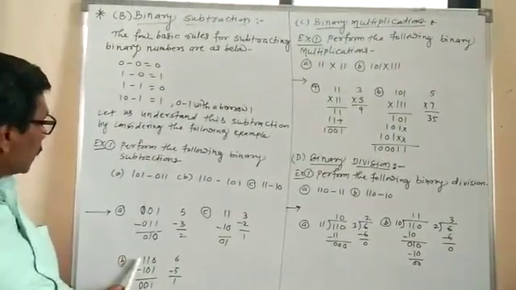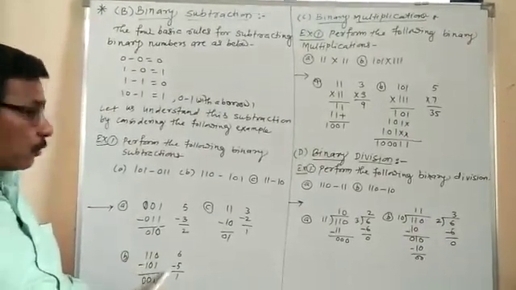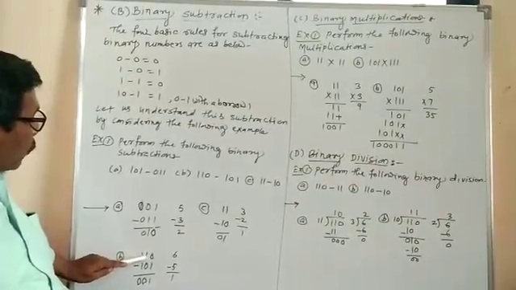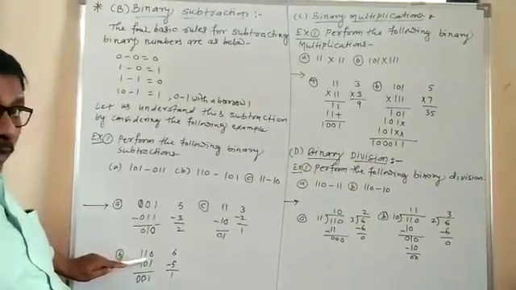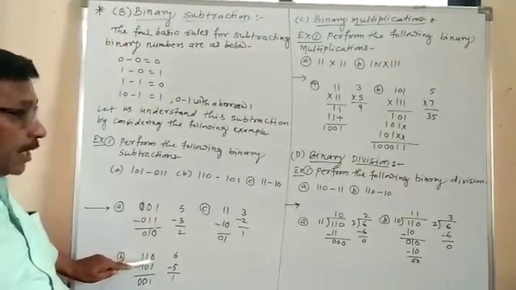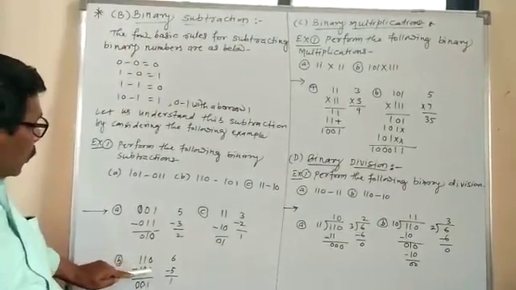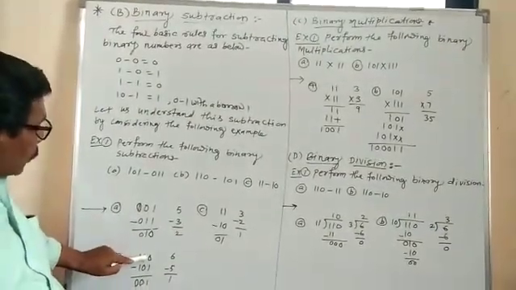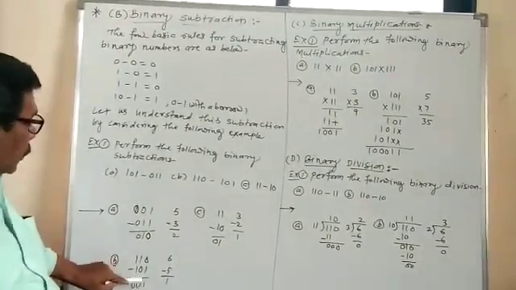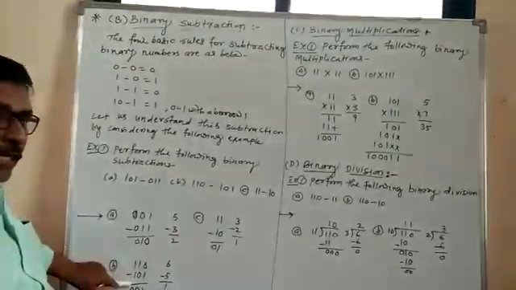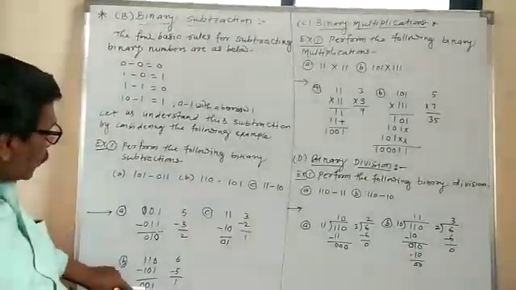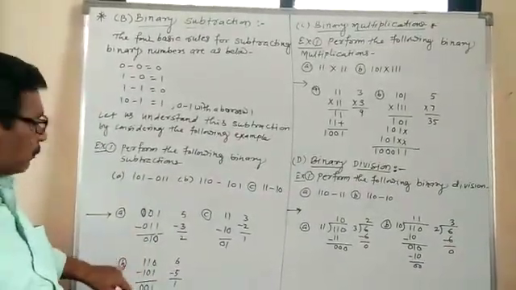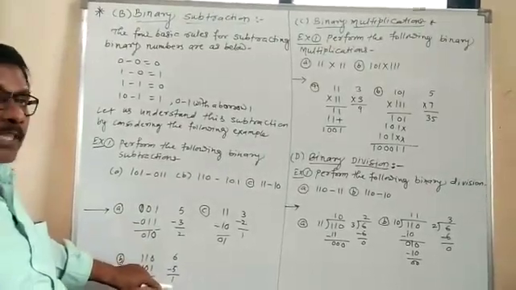Here, for 0 minus 1, we have to borrow 1 from this column, and it becomes 10. So 10 minus 1 is 1. Then 0 minus 0 is 0, and 1 minus 1 is 0. So 001 is the answer for this subtraction, which is 1.